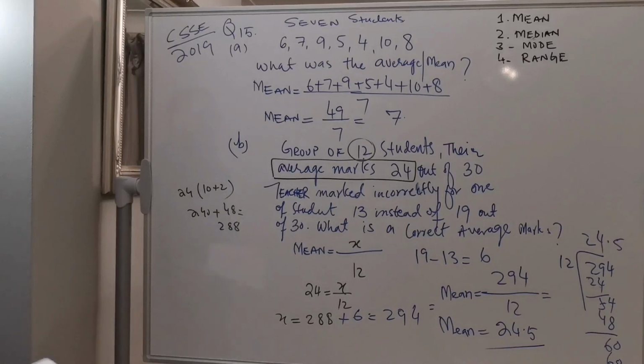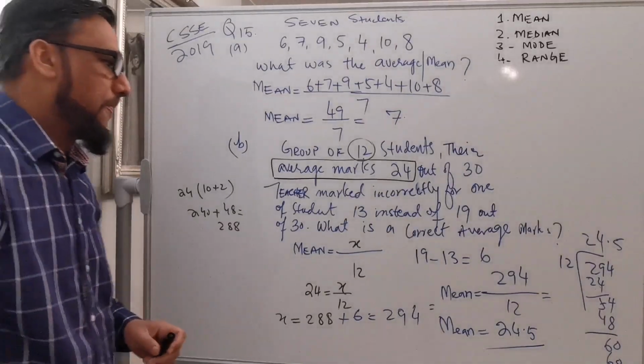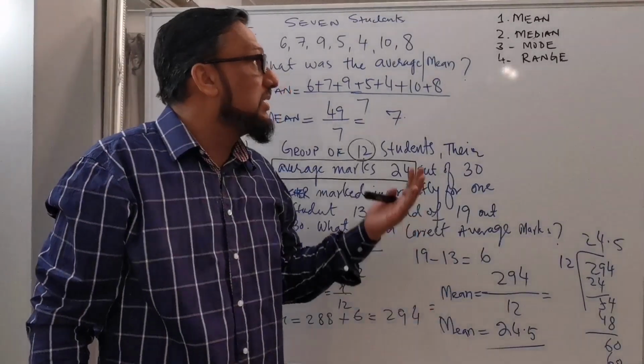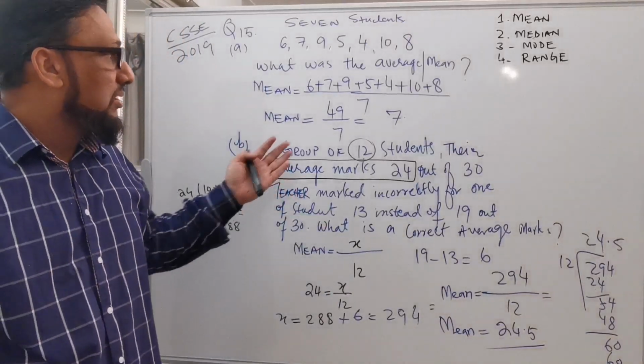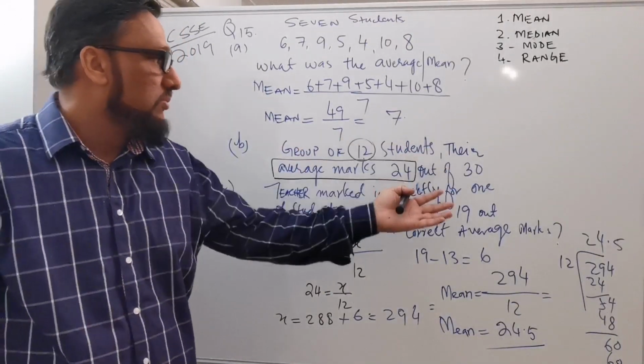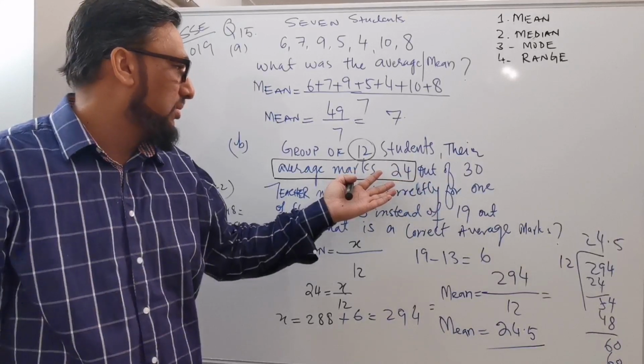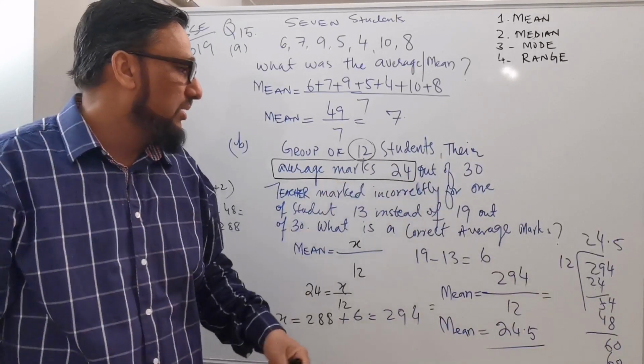So this is called the mean, and you can work it out easily in this question. There is a group of 12 students, with an initial average of 24 marks.